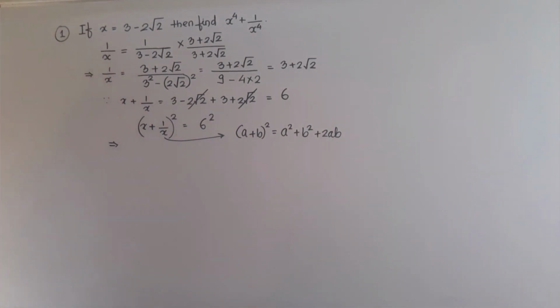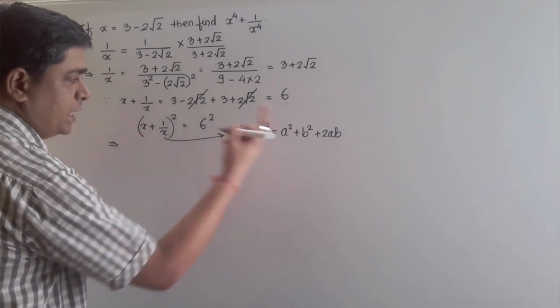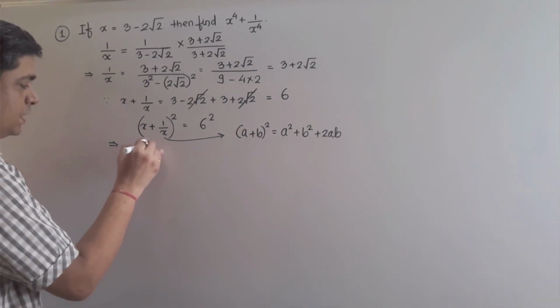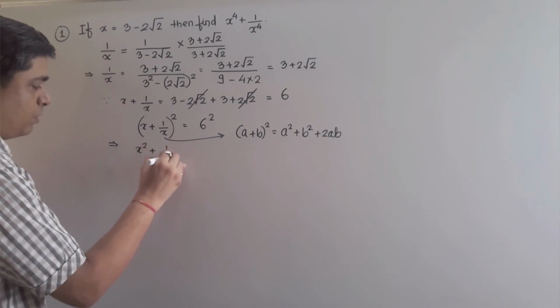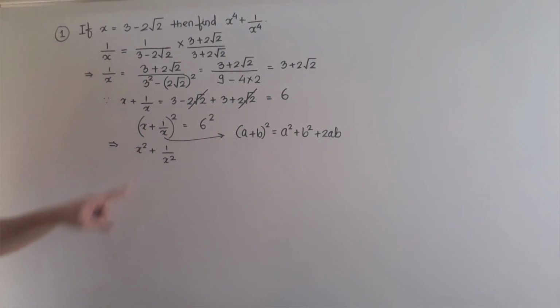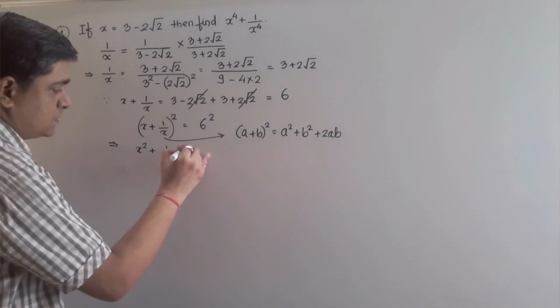So who is my a here? The value of a will be x, and b will be 1 upon x. So I am putting the value of a as x and b as 1 upon x. That will be x square plus 1 upon x square, because the square of 1 will become 1 and I wrote only the square of the denominator, plus 2ab.